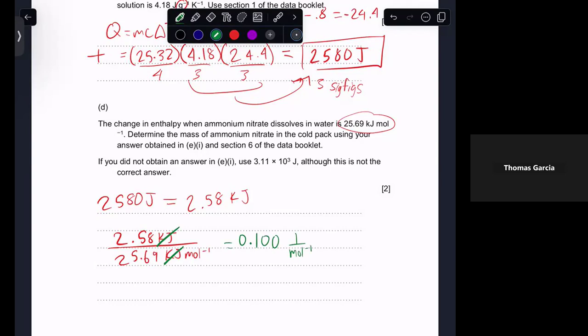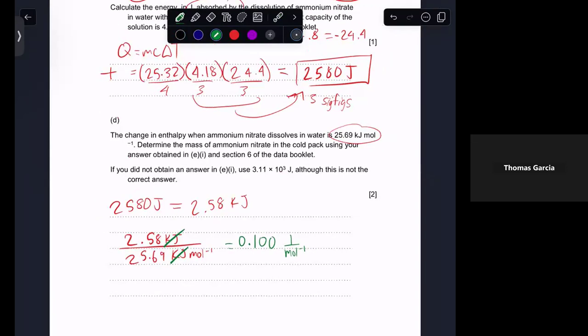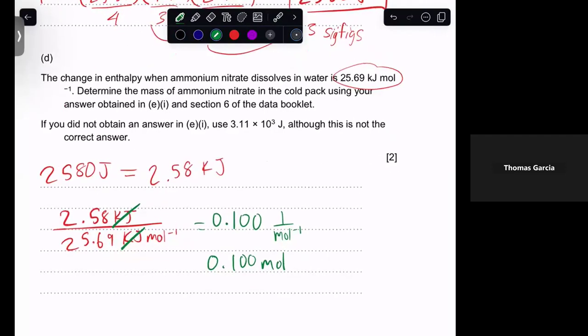Now, when I have 1 over mole inverse, to clear this little negative sign right here, we actually bring it back to the top, and this becomes 0.100 moles, which is a great unit to have of ammonium nitrate.